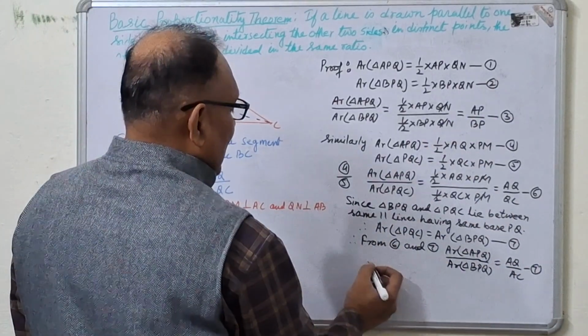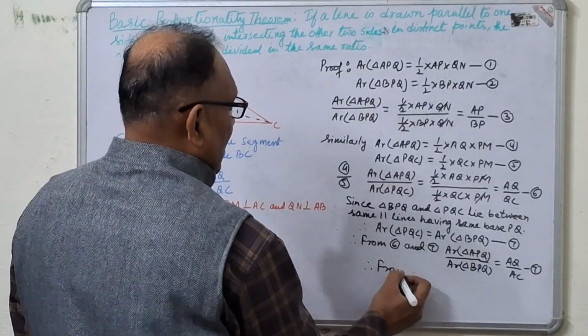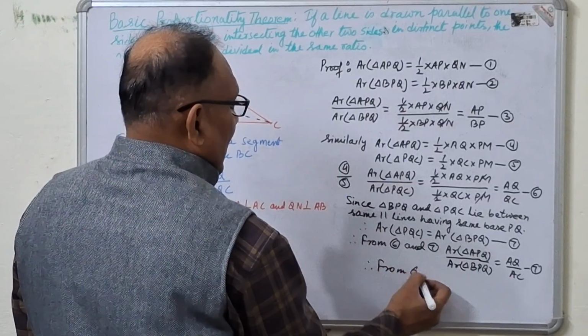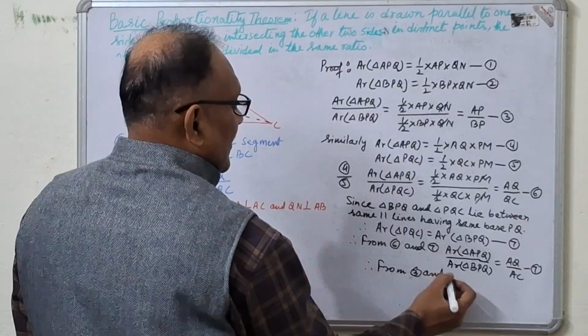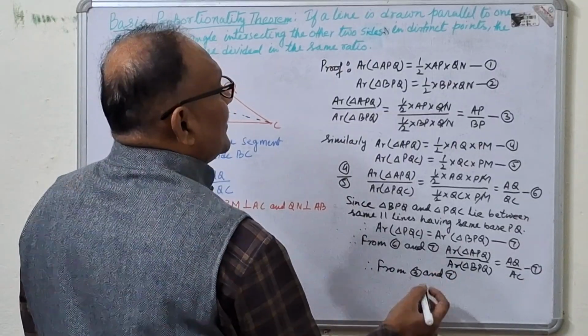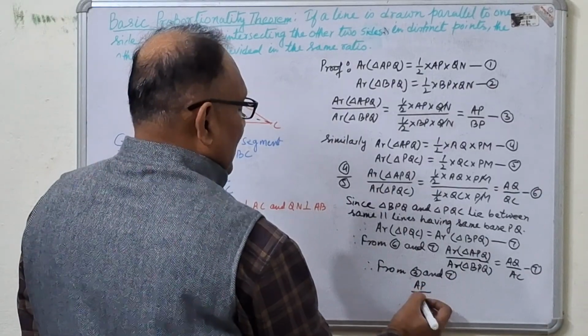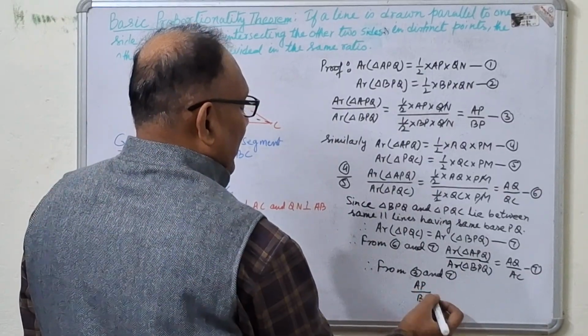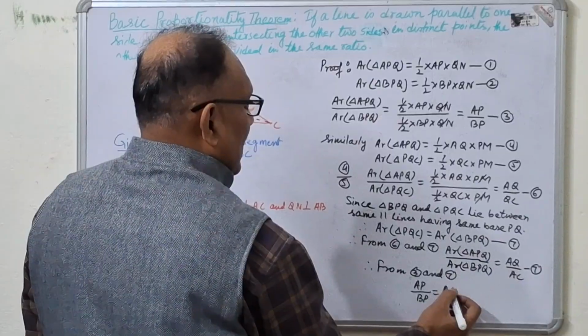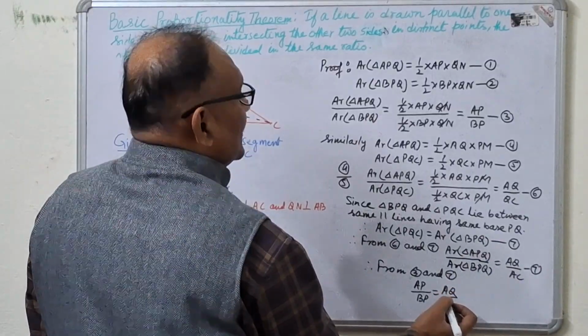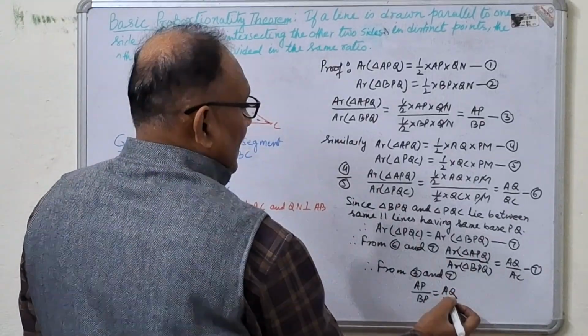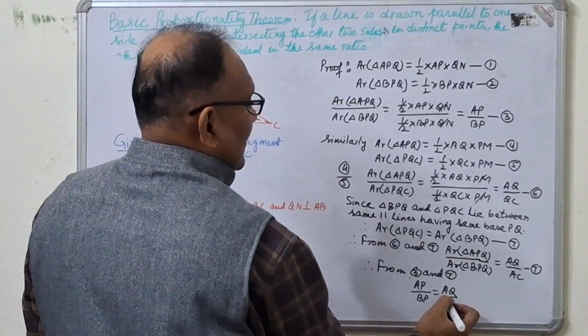From 3 and 7, AP upon BP is equal to AQ upon QC.